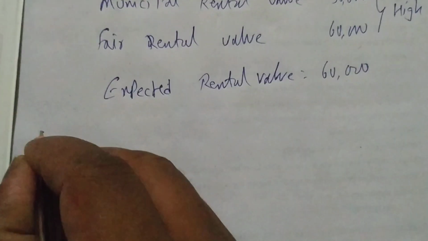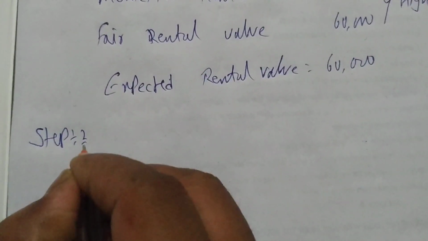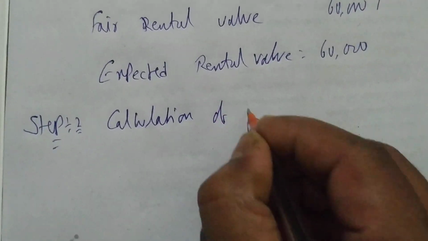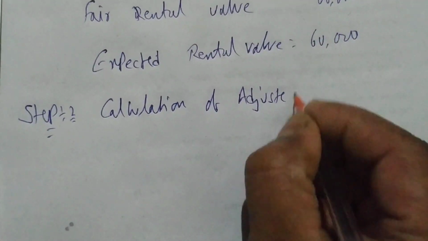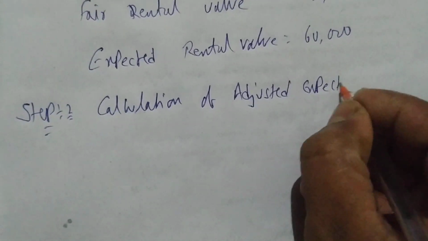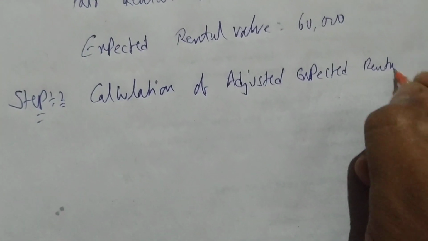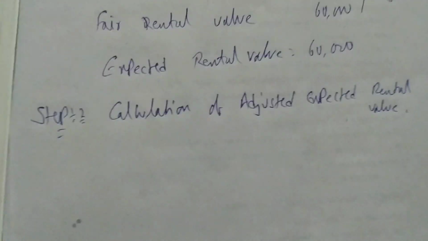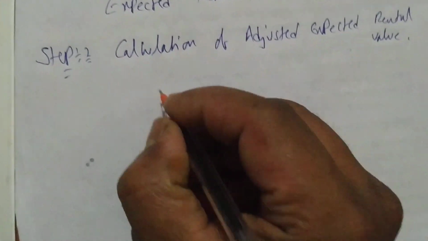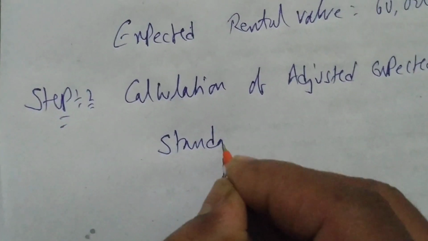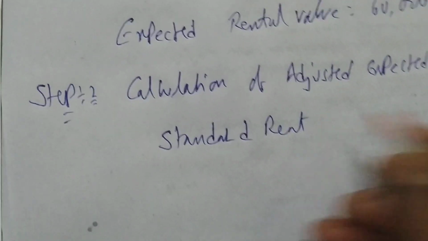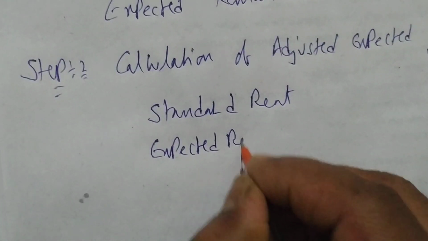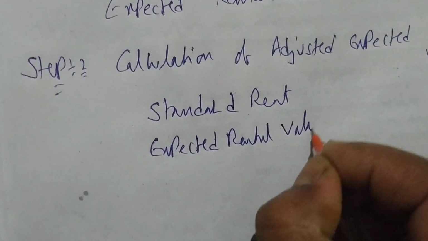Simple. Step 2, calculation of adjusted expected rental value. It's very easy to find out. We need standard rent and expected rental value.